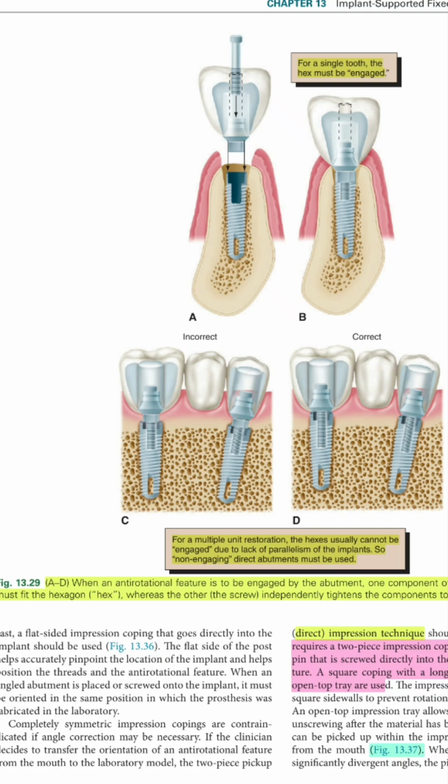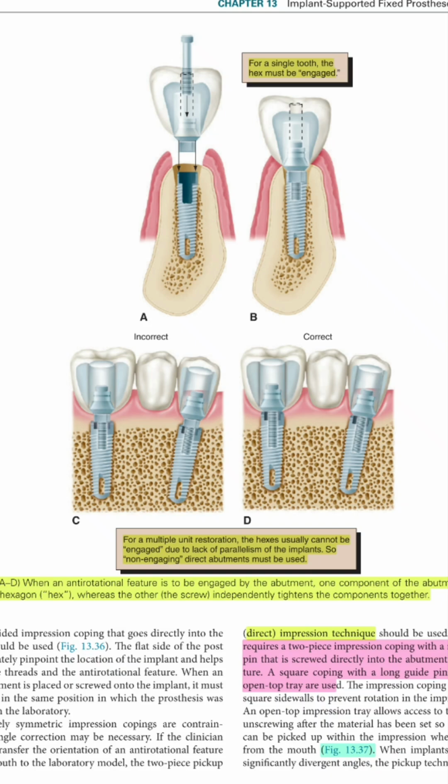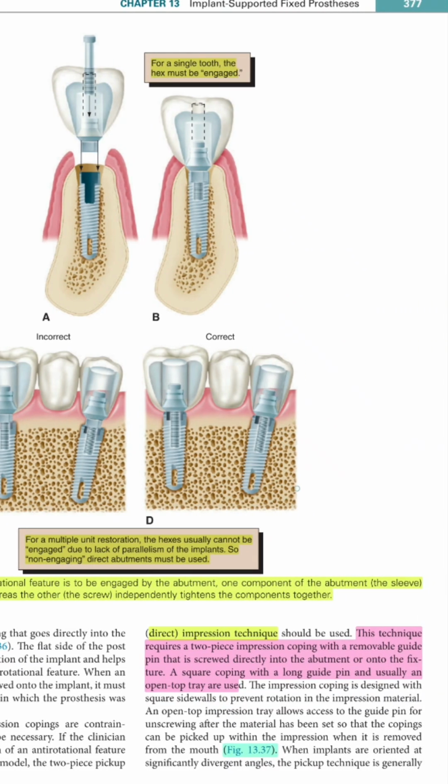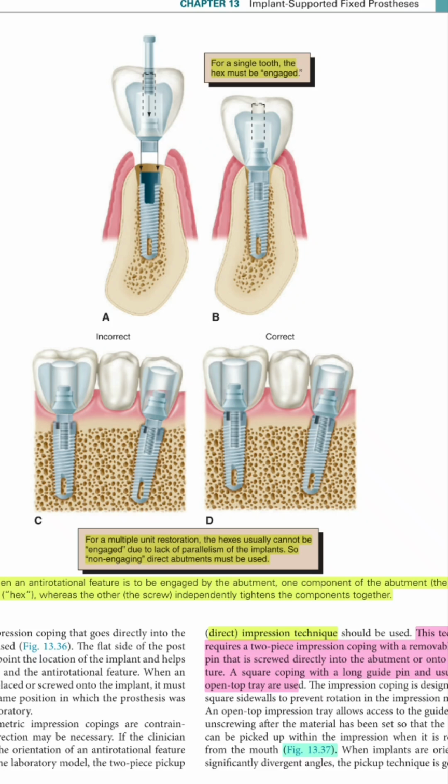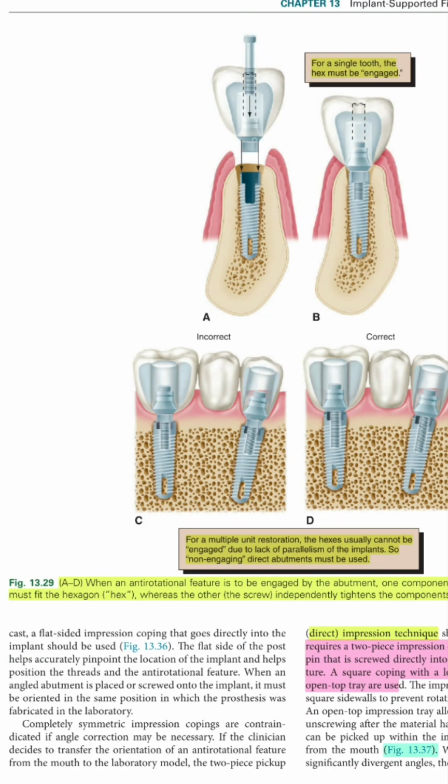There are two screws that attach the abutment to the implant, and the first one is called the anti-rotational feature, where one component of the abutment, which is the hex, must fit the hexagon of the implant.